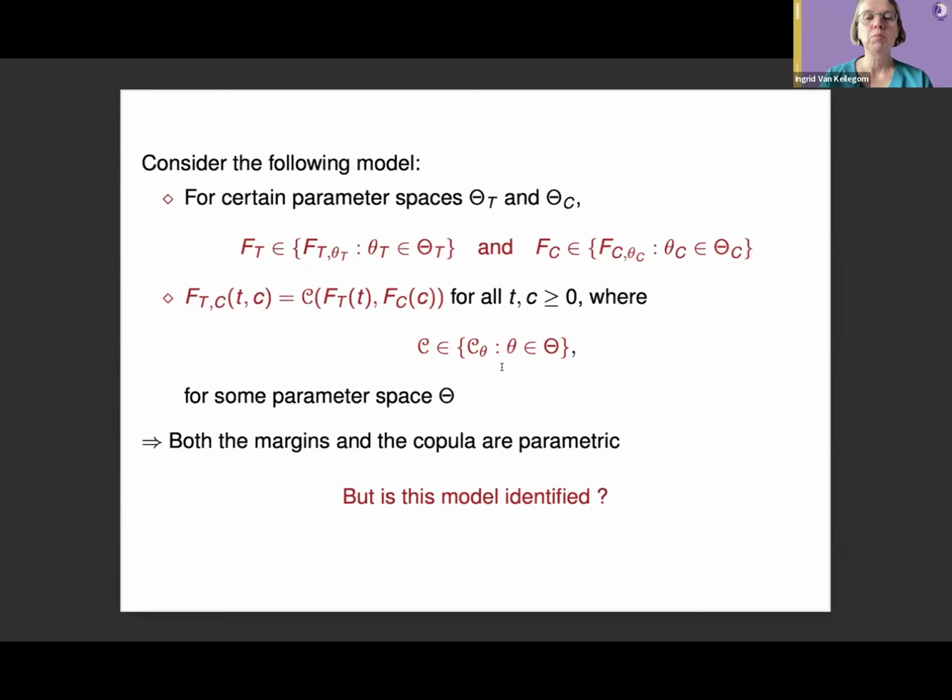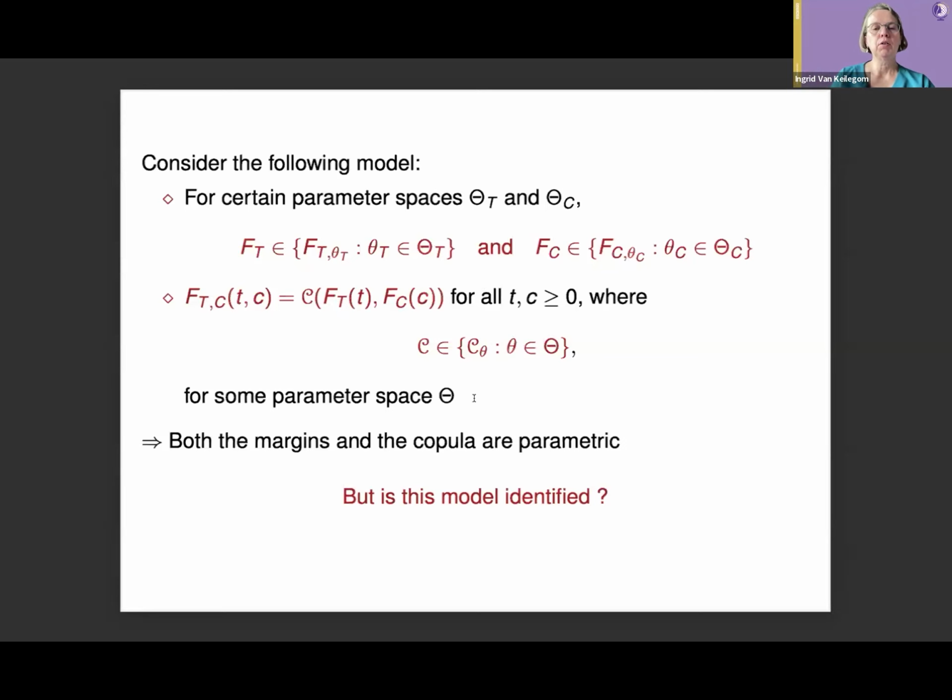So it's the most simple situation that you can think of. But still, the question of whether we can identify the association parameter theta was not easy. So I will explain now how we did that, and then at the end, I will talk about extensions of this model.